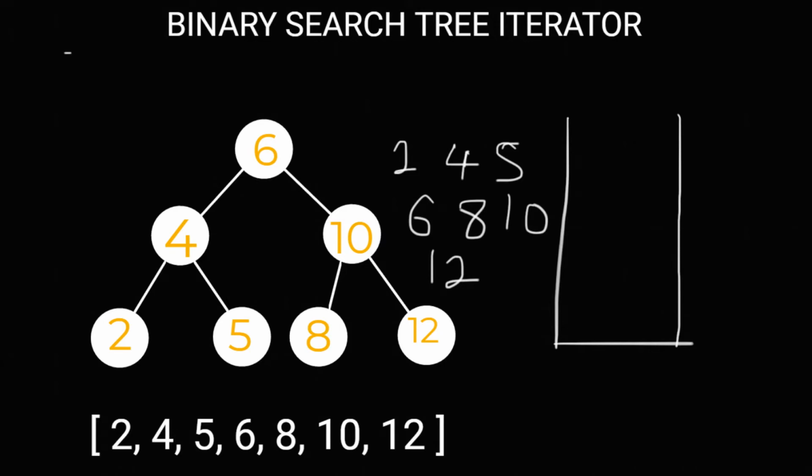We only do it when the element that we popped out does have a right child. If it doesn't have a right child, we don't do anything. If it has a right child and we add the leftmost branch of the right child, that would be an O(n) operation. When it doesn't have a right child, it's an O(1) operation.